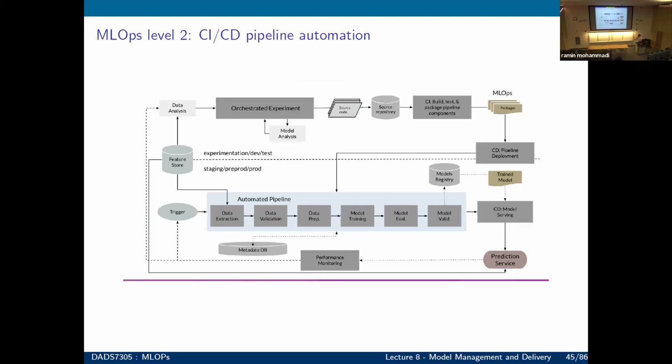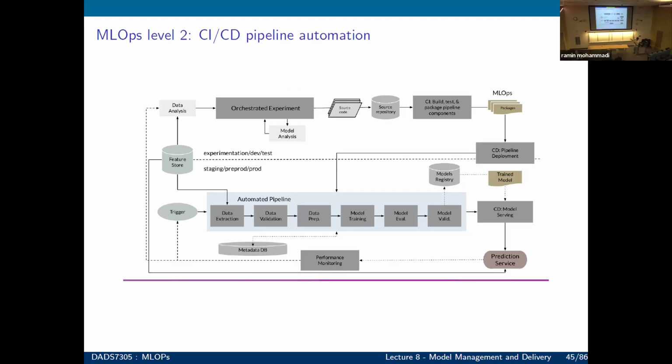Now, when it goes to MLOps level 2, and again, this level definition is not an industry-accepted definition, it just gives you a bigger picture. This is where you introduce the MLOps practices, basically CI/CD, CT, CM, into the picture. So here, you have the orchestration experiment pipeline that we saw before.